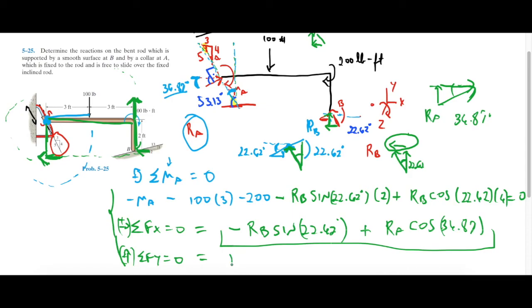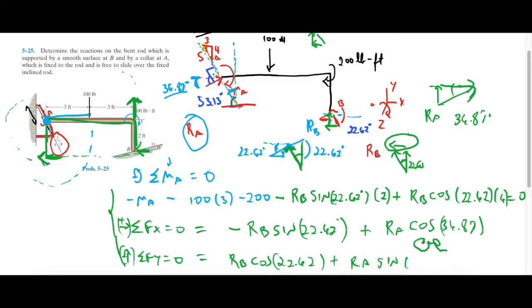So we got RB cosine of 22.62 plus RA sine of 36.87 equals 0.